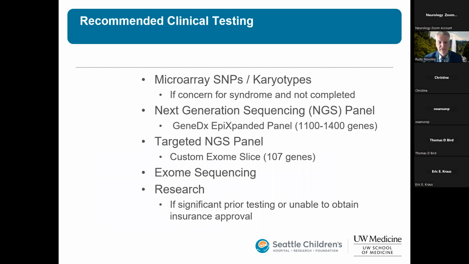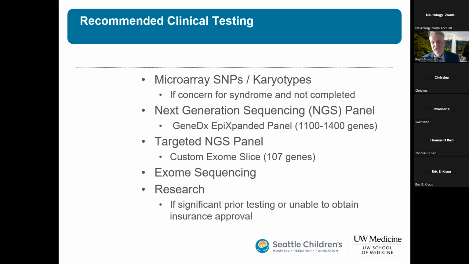And in that clinic, we often started with microarrays, often went to a next generation panel. Right now, some of the genetic panels for epilepsy include almost 1,200 genes. Or we actually developed with our geneticists what's referred to as a custom exome slice that targeted epilepsy genes.